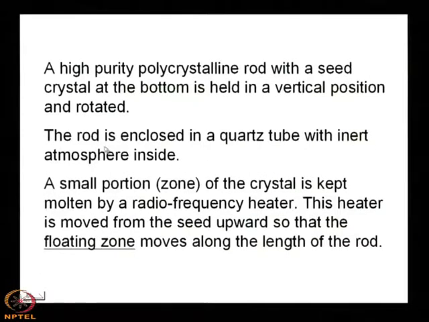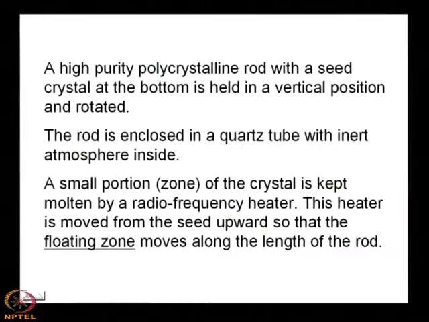Now, the rod is enclosed in a quartz tube with inert atmosphere inside, as usual. There also, in the Czochralski technique, it is covered with a quartz tube and argon is passed through the quartz tube. Why was the argon necessary for the crystal growth?